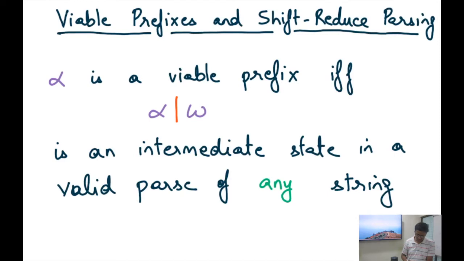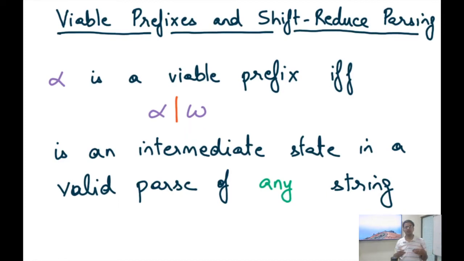Alpha is a viable prefix if and only if alpha cursor omega is an intermediate state in a valid parse of any string. So you take any string, if that string can be reduced all the way back to the start symbol, such that at some point I get alpha cursor omega, then alpha is a viable prefix.